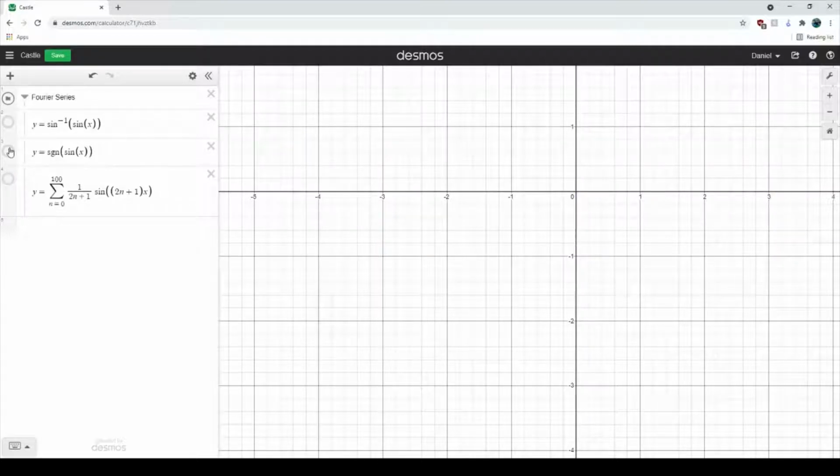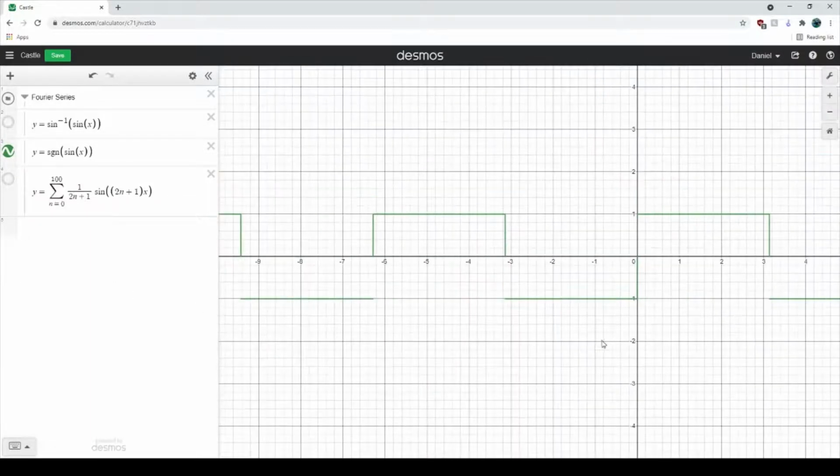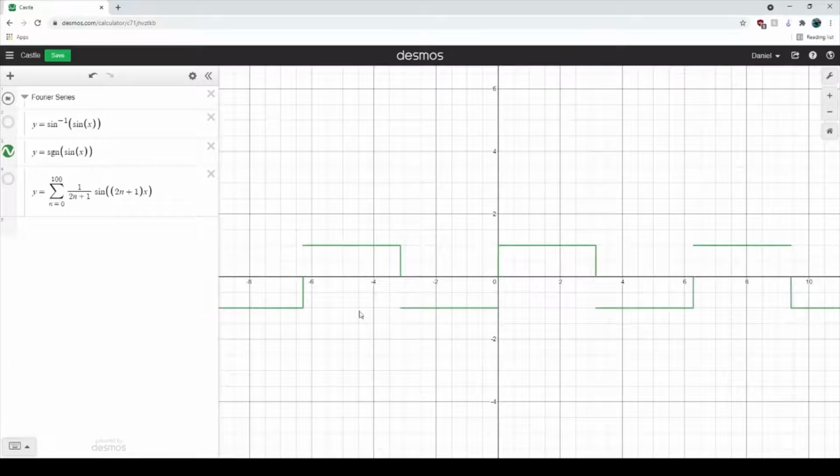But one way to use is this one over here. This is going to be those tops. If you look at the top of castles, you can see these square waves at the top.